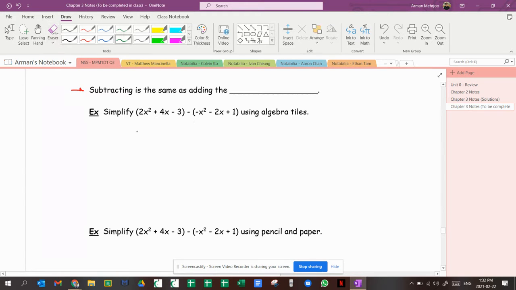So what's actually going on in a scenario like this is I have a positive, but then I have a negative 1 in front of my brackets. Now remember, a positive times a negative is going to give you a negative number overall.